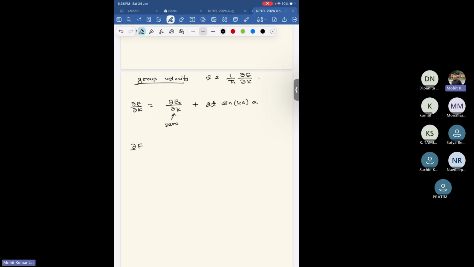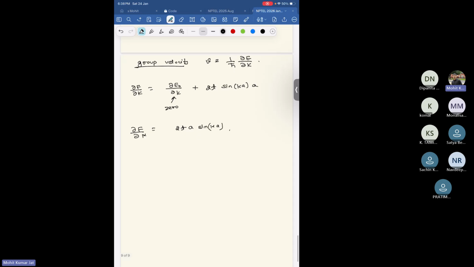So what you get is 2ta sine ka, and your group velocity v group will be 1 by h bar times 2ta sine ka.